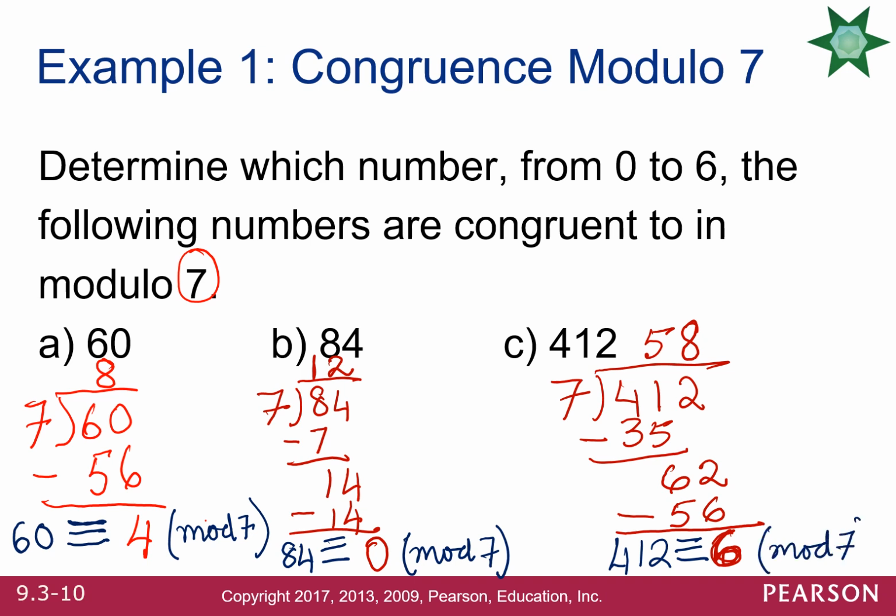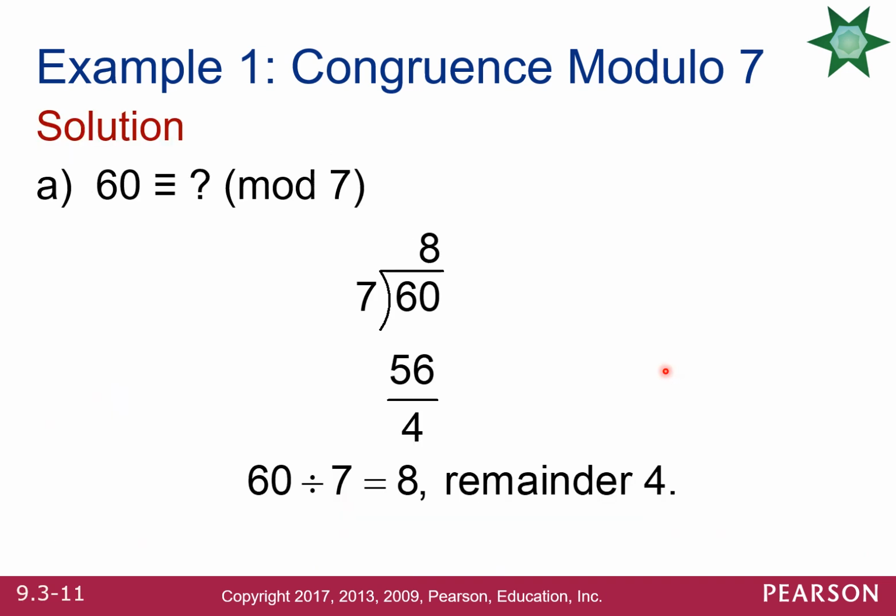All right, in the next couple of slides, they are going to perform the same steps, and let's see how they represent the congruence modulo 7. As you see here, they have followed the same steps that we did in the previous slide. They took the value 60 divided by 7. 8, of course, is the quotient, since 8 sevens are 56. 60 minus 56 is a 4.